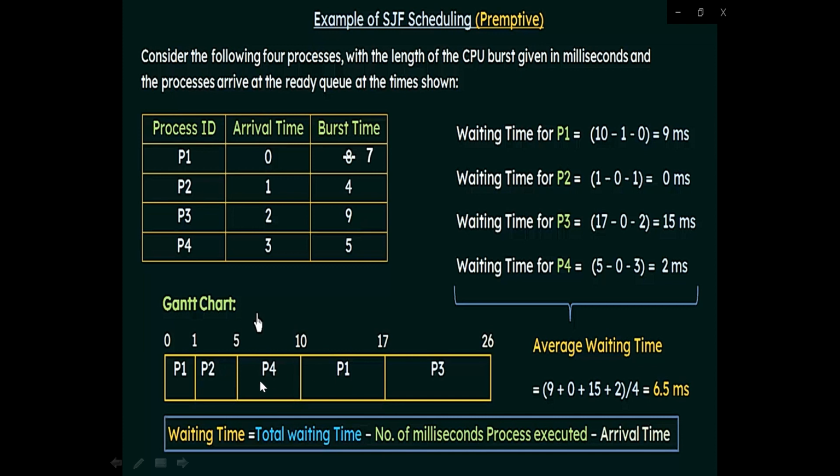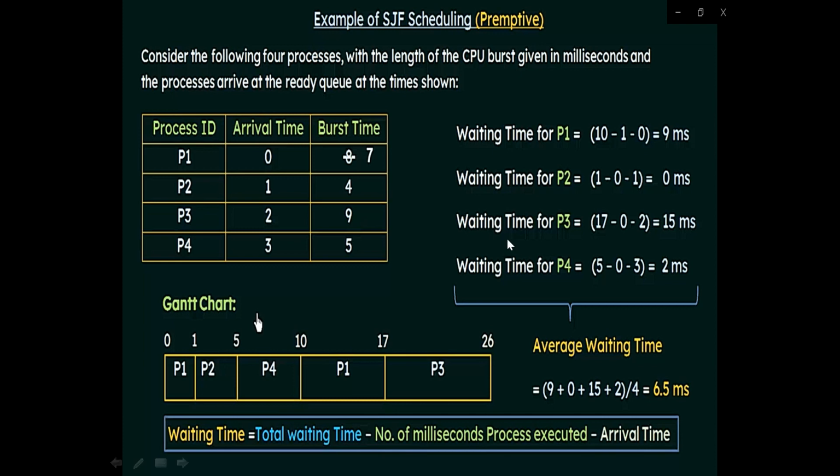So the total waiting time is 10, minus 1 millisecond executed, minus arrival time 0. After putting all these values, we get 10 minus 1 minus 0 is equal to 9 milliseconds. So the waiting time for P1 is 9 milliseconds.